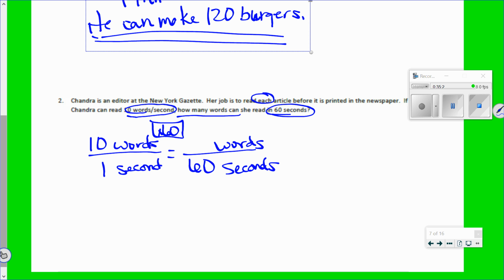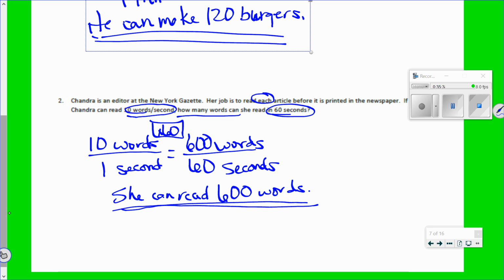So when I do the top, multiply by 60. What do I get? 600. So she can read 600 words. 600 words a minute? That's pretty decent.